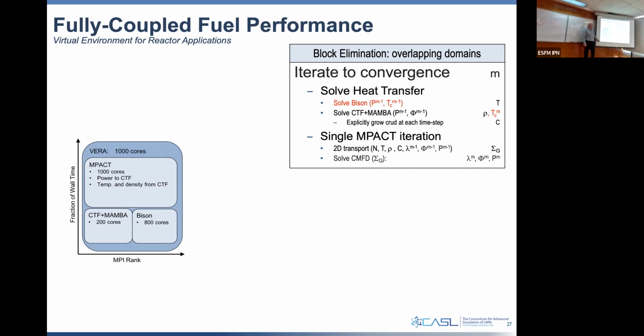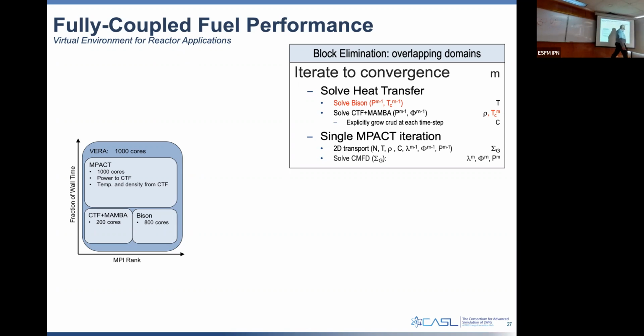Ideally, we'd use those 800 processors, and we would do all 15,000 of those fuel pins, and Bison would take the same amount of time as CTF or less. If that were the case, then we could march through this entire process on 1,000 processors and still get the exact same total runtime.